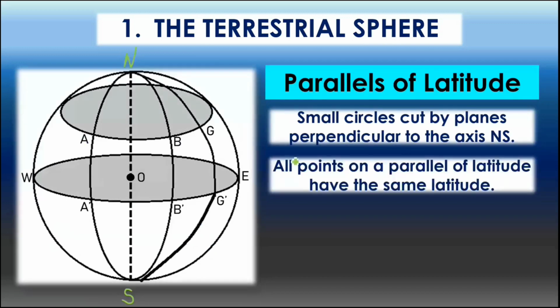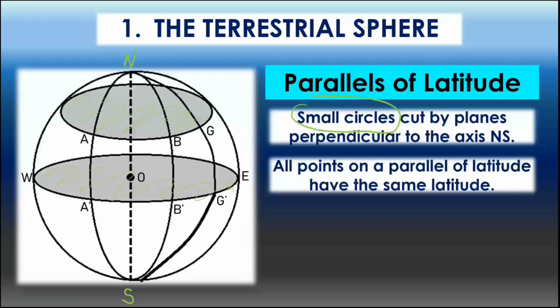As you can see from the definition of the parallels of latitude, we have small circles. What are those small circles? In the illustration that we have here, those are the shaded circles. We have this portion, and we also have this portion.